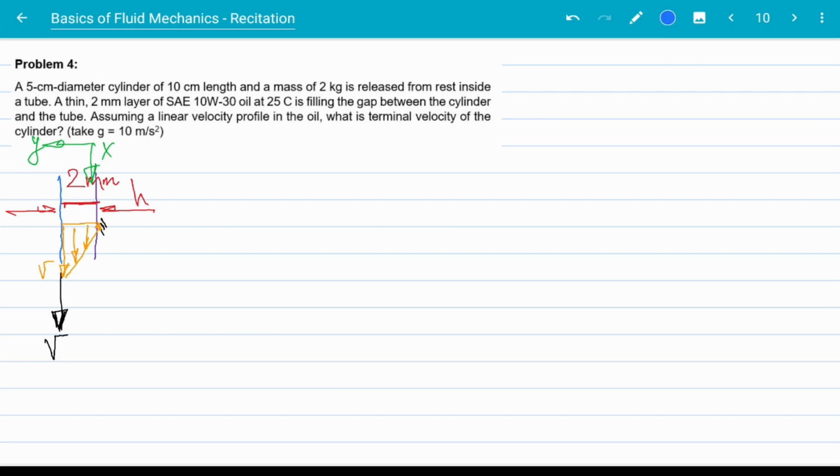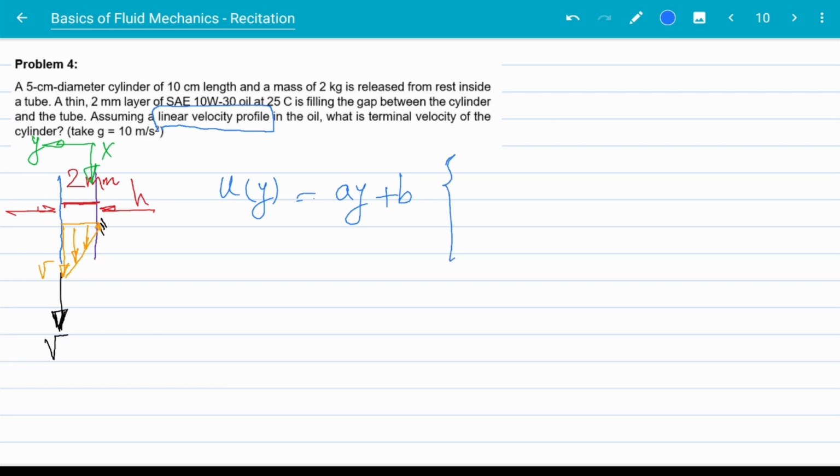So the problem specifically says that we can assume a linear velocity profile in the gap. That's how we decided that the orange profile is the velocity profile that we're looking for. So let's put an equation on that profile. I can say u as a function of y is ay plus b. This is a linear profile. A and b are constants and I need to find them.